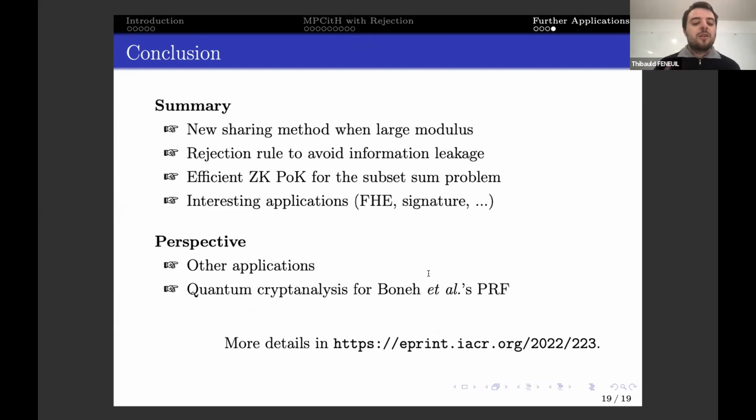And there are other applications, like in FHE or to build efficient signatures. As perspective, we can try to find other applications of this sharing technique. And our signature scheme could be a good candidate for a post-quantum scheme, but it would be nice to have a quantum cryptanalysis for the Boneh-Halevi-Howgrave-Graham PRF.